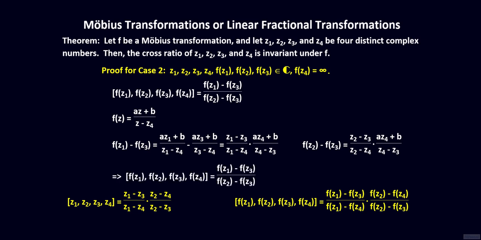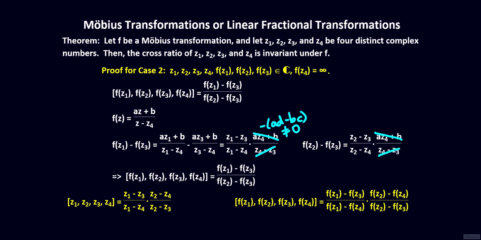Dividing f of z sub 1 minus f of z sub 3 by f of z sub 2 minus f of z sub 3, a times z sub 4 plus b is non-zero, so that it should cancel out. Now, why a times z sub 4 plus b is non-zero is because it is actually minus the discriminant ad minus bc. The discriminant, of course, is non-zero. z sub 4 minus z sub 3 is also non-zero since the z sub i's are finite and distinct, and so should cancel out.